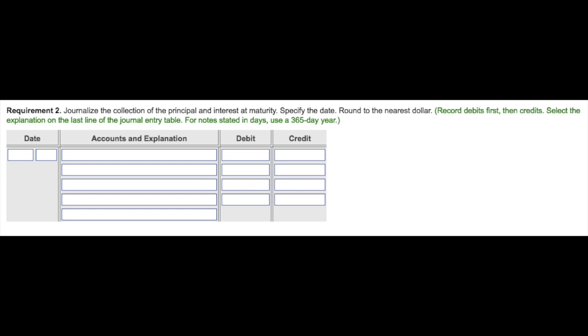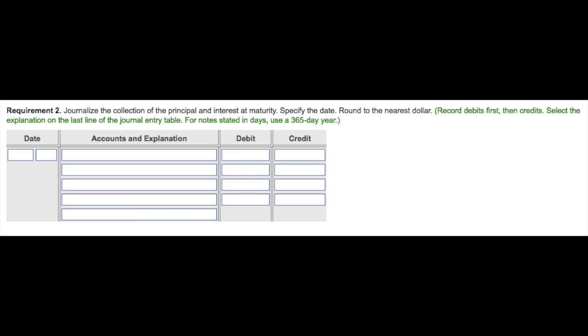Okay, so requirement 2 says journalize the collection of the principal and interest at maturity. Specify the date first. When the loan is due, the bank will receive the principal plus the interest that the bank charges its customers for the privilege of borrowing money. Before we can record the entry, we must calculate the payment date.